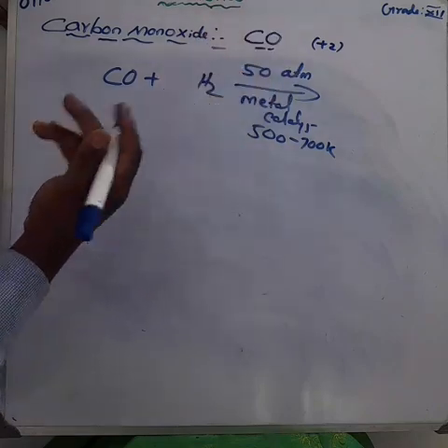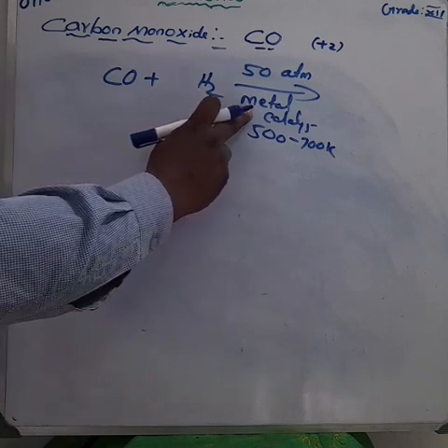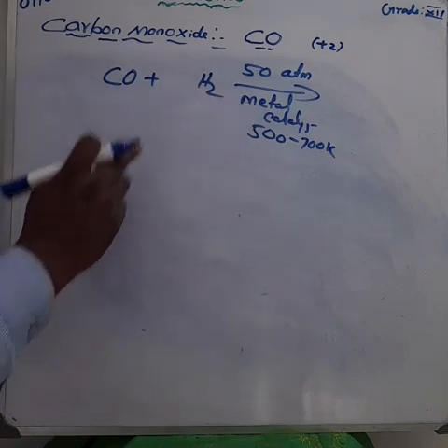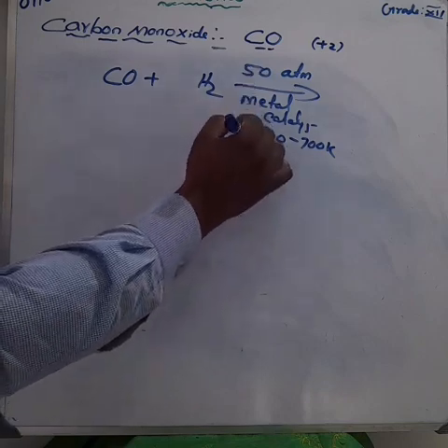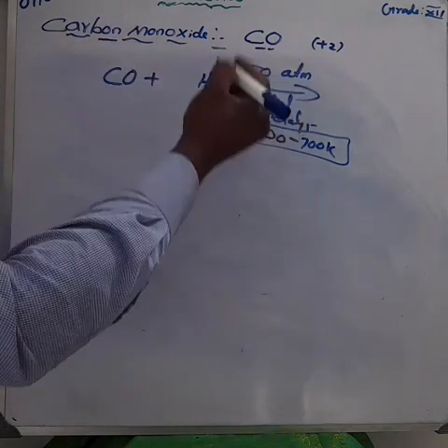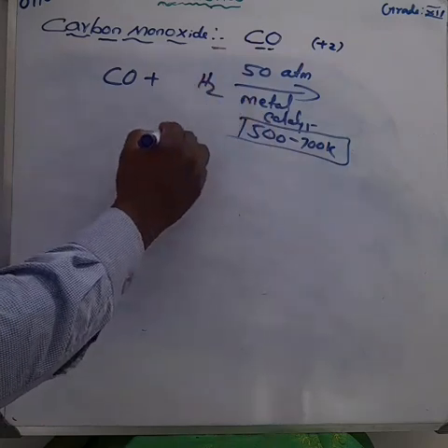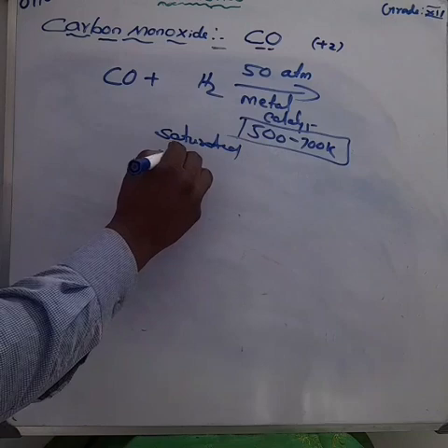We are using a metal catalyst, and we apply a temperature of 500 to 700 Kelvin. We get saturated and unsaturated hydrocarbons. Which products are obtained here?